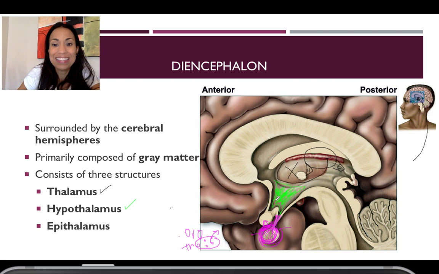What else? This deals with emotions, sexual behavior, and sexual drives. It also controls the pattern called circadian rhythm, the pattern of dark and light that every human being has.